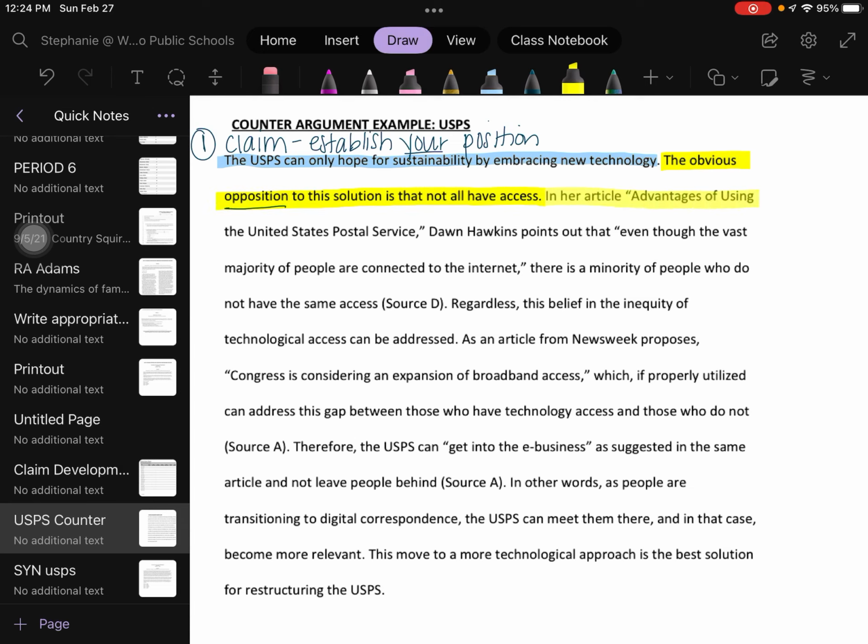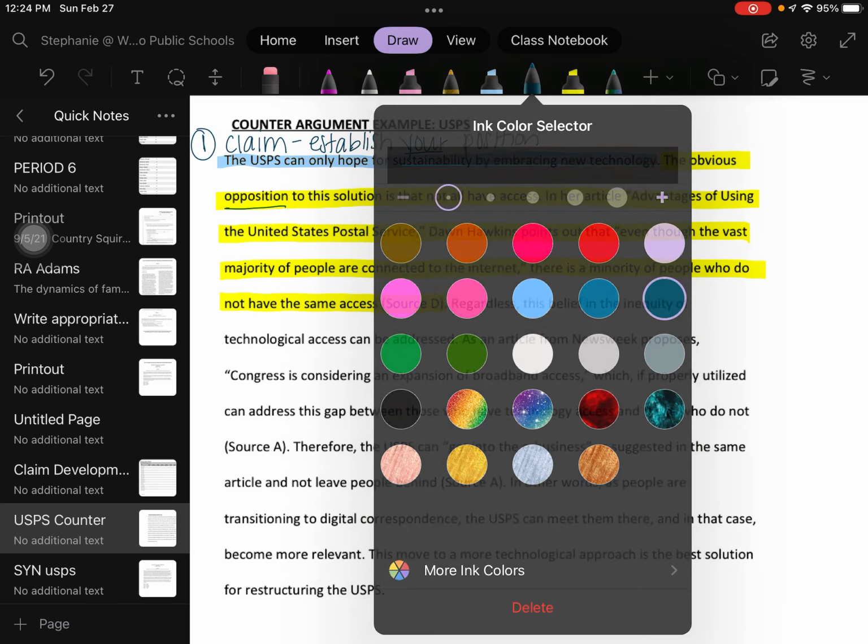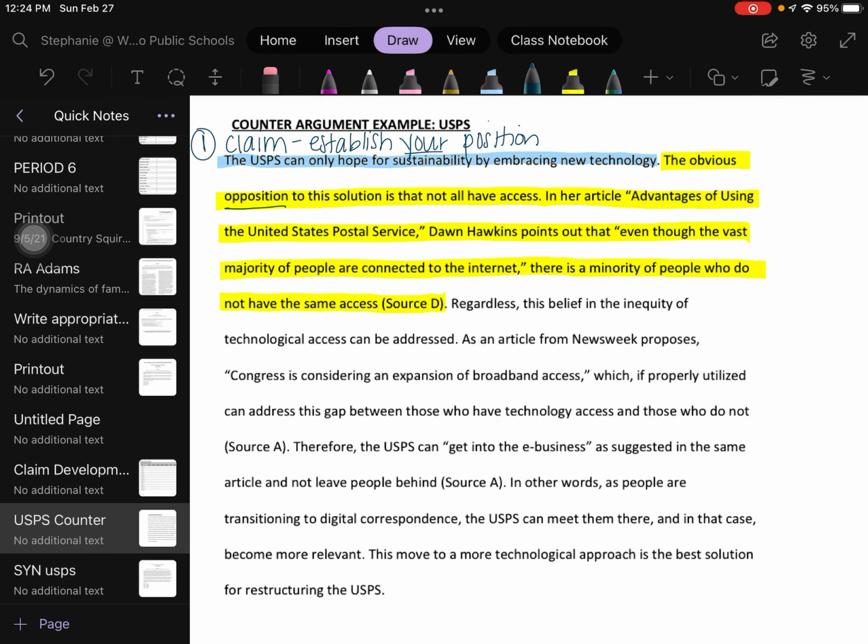In her article, Advantages of Using the United States Postal Service, Dawn Hawkins points out that even though the vast majority of people are connected to the internet, there is a minority of people who do not have the same access. So what I like to call this part, where it's introducing what the opposition calls, this is what we call the they say. And this is where you reveal the counterargument.